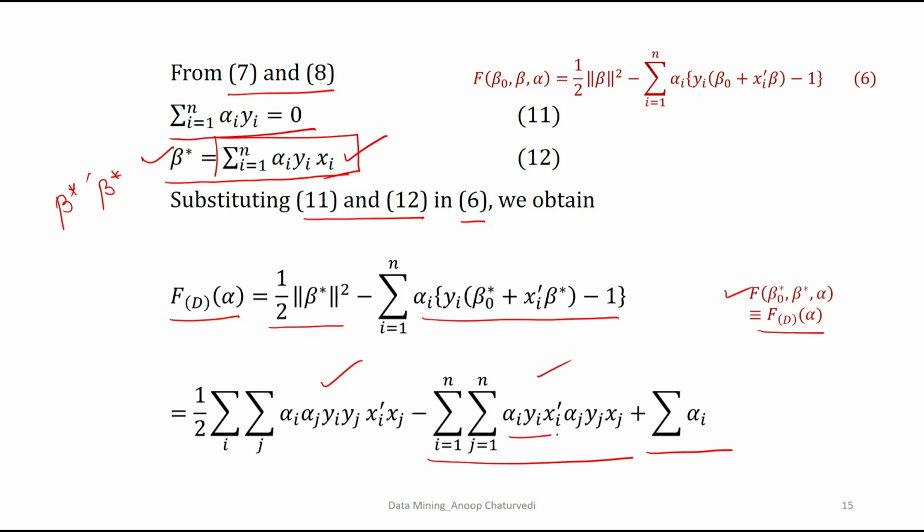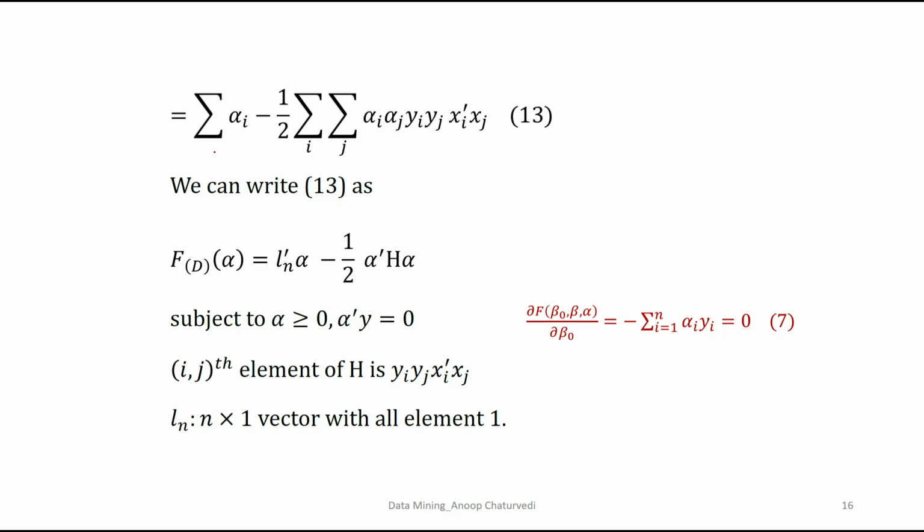Actually, you can write it as alpha i, alpha j, which are scalars, further yi is also a scalar, yj, and then xi transpose xj. So, ultimately you get minus half times this term.